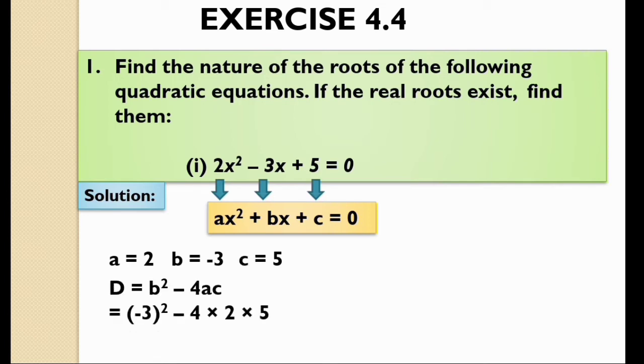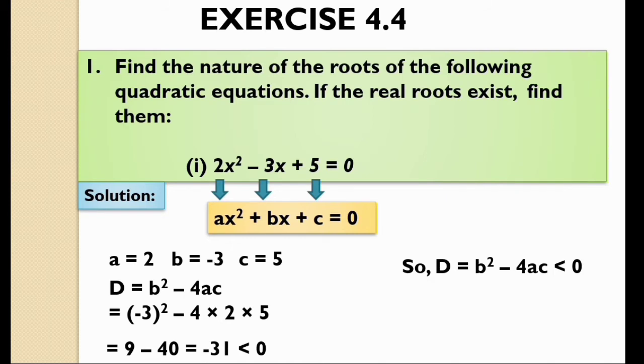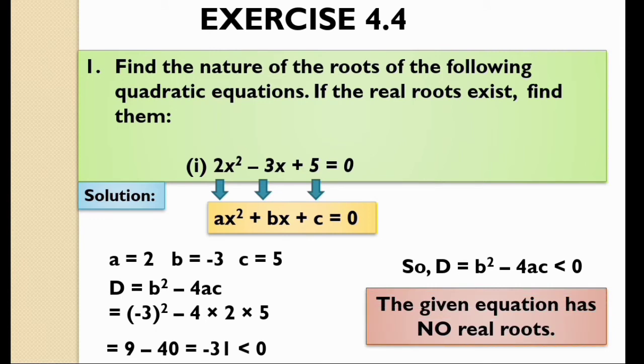Now we will find D, the discriminant, b² - 4ac. We substitute (-3)² - 4 × 2 × 5, and after simplification we get 9 - 40, which is equal to -31, which is less than 0. Here the value of D, meaning b² - 4ac, is less than 0. So the given equation has no real roots.